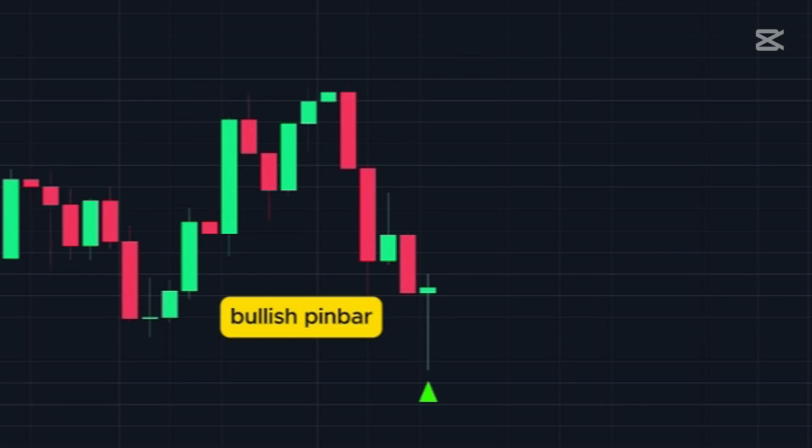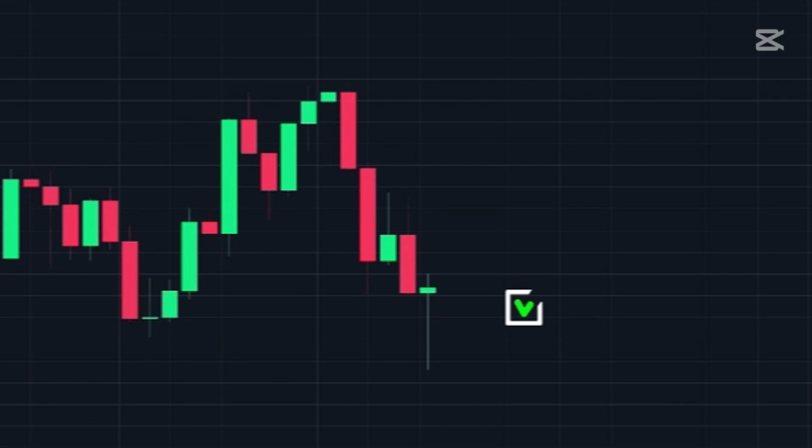Some traders place orders as soon as they see a bullish pin bar, but I prefer to wait for another green candle to form to confirm the trend. Once the trend is confirmed, you can enter the position after the candle closes and place a stop loss at the bottom of the pin bar.